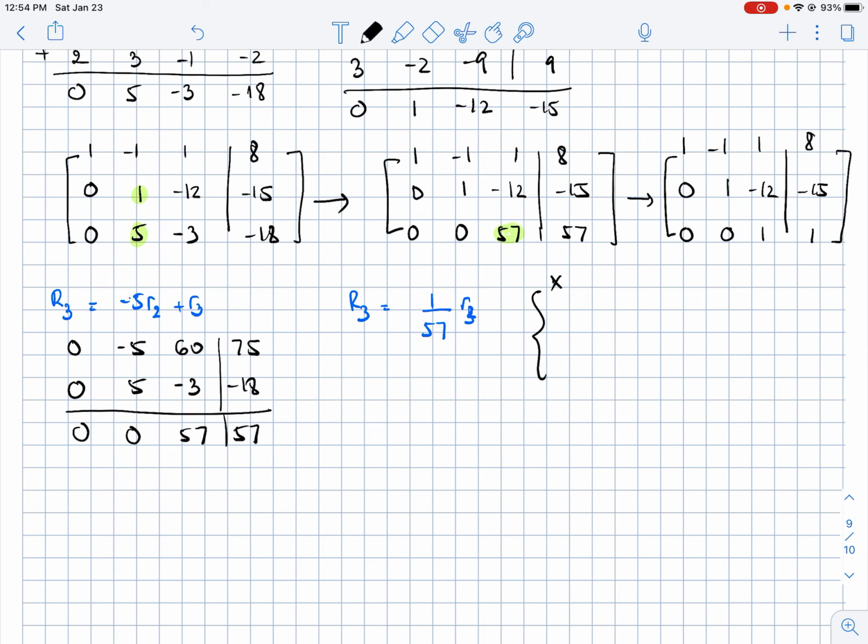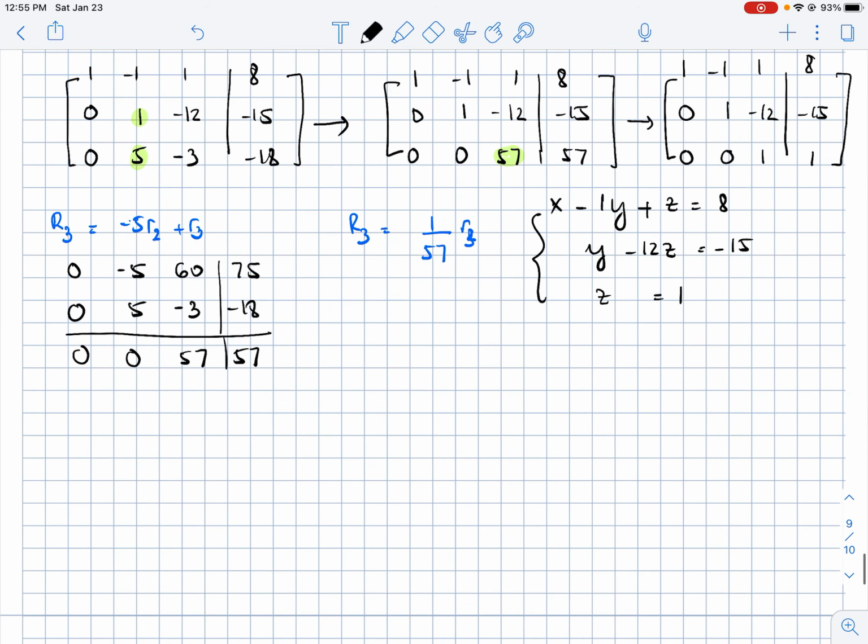Now you write down the x, y, and z. -1y plus z equals 8. y minus 12z equals -15. And z equals 1. So we will plug back in. So z equals 1.